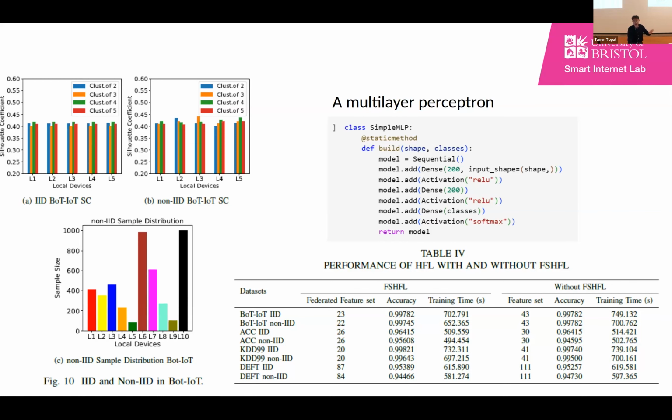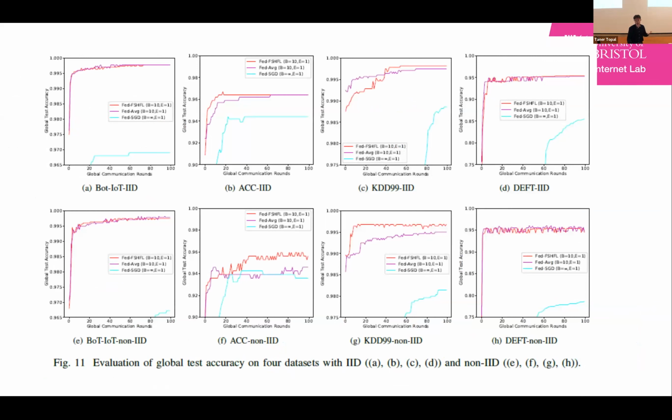We use a 6-layer multi-layer perceptron to do our work. Because of the divergence of different weights, when the data is non-IID the training accuracy is not quite stable, but with IID it's stable.